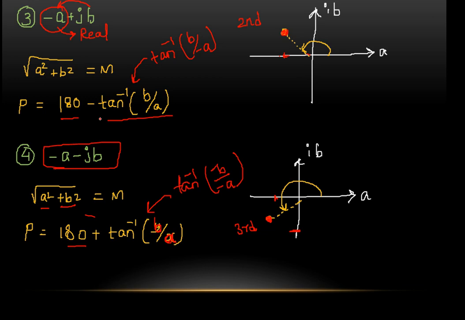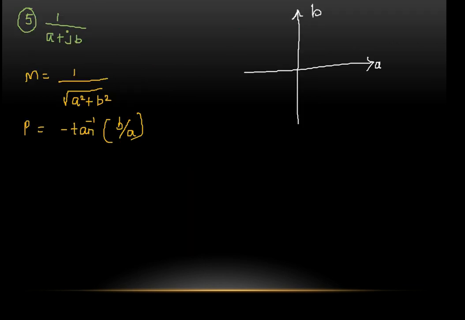So in this way we represent the magnitude and phase of the different complex functions. Depending on the complex function value, the point may be in the first, second, third or fourth quadrant.